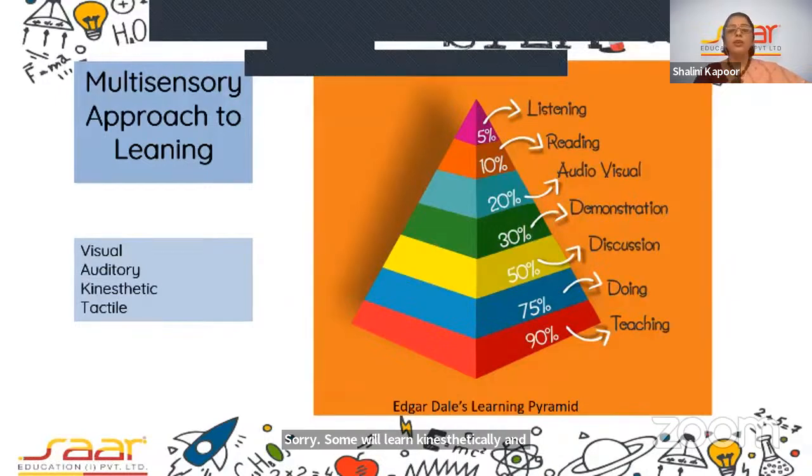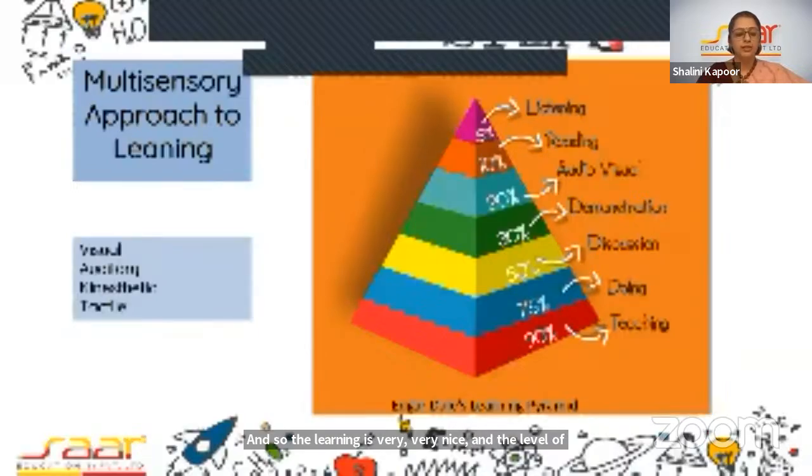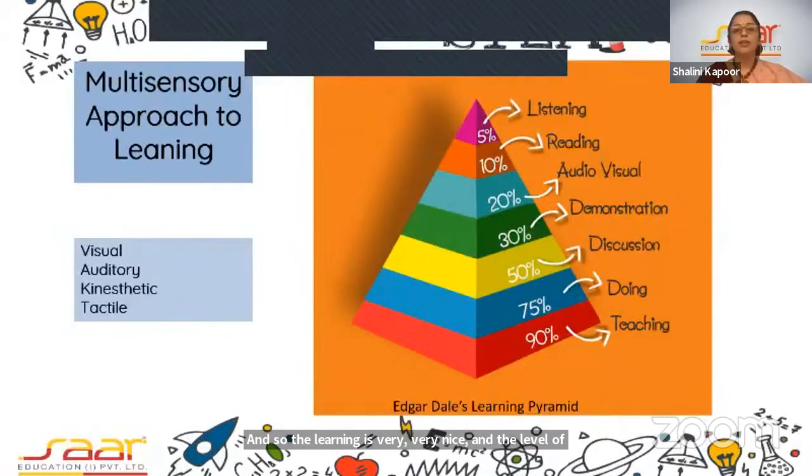So therefore, when we introduce STEM in our classes, when we allow children to take care of different material, they're actually using different senses. And so the learning is very nice, and the level of retention of knowledge is enhanced to a great deal. This is something, if they have done an experiment, if they have learned something by doing, it's what our goal is.